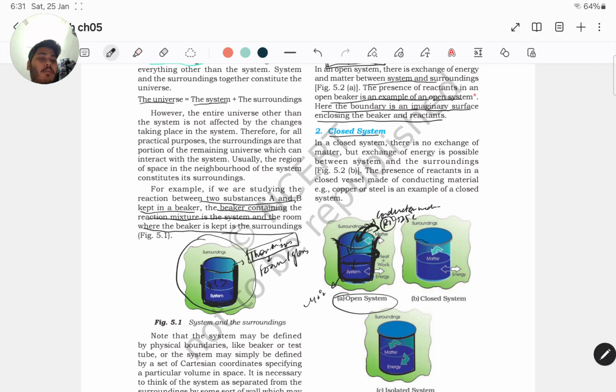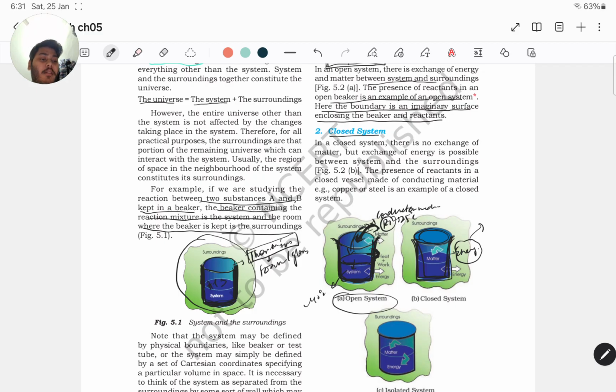But in our second system, the closed system, matter can't be exchanged, so we cannot add or remove the reactant part in that. But the boundaries are again conducting, so heat or energy can be exchanged, we directly say.